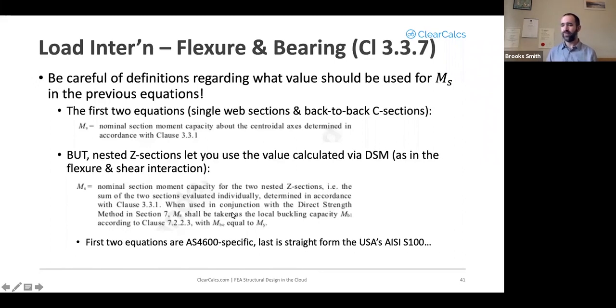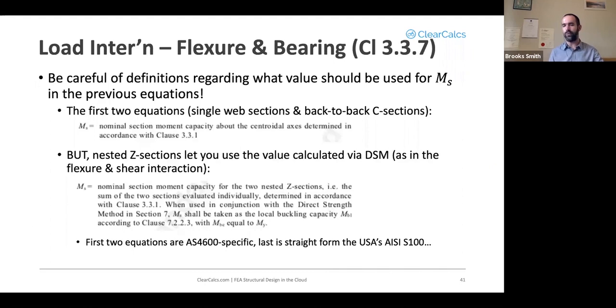The reason for that difference, I can tell you, is because the first two equations were originally sourced from AS4600, originally sourced from Australian research. The last equation for those nested Z sections is taken straight out of the US's AISI S100.